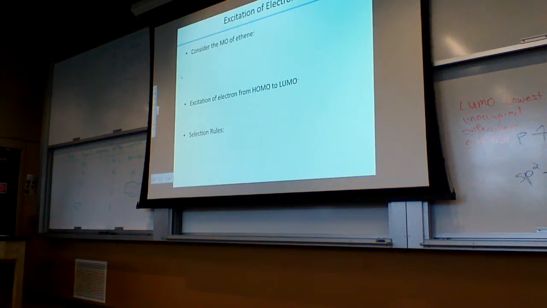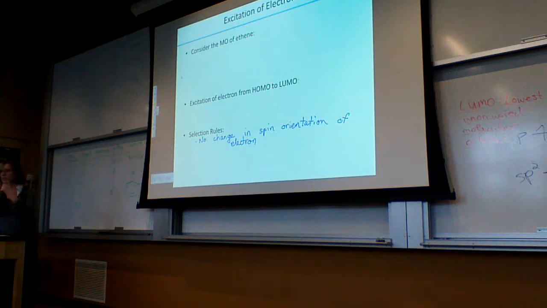So for selection rules here, no change in spin orientation of the electron. Remember, we're talking about electron spin, not the nucleus or the neutron or proton that was in the nucleus.